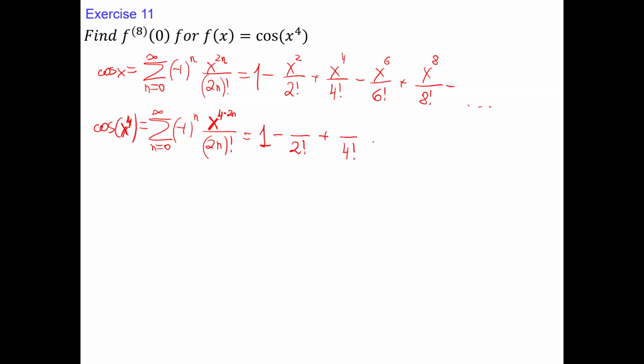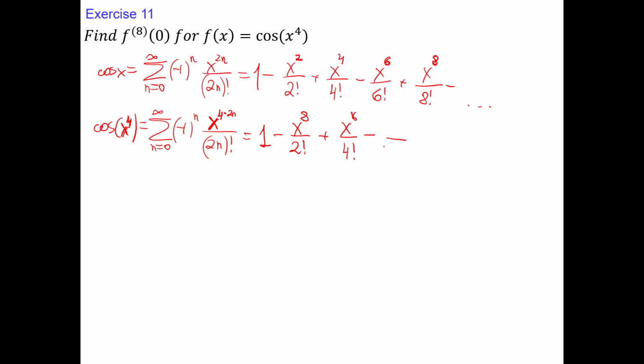If n is 1, this will be 2 factorial, and the power is 2 times 1 is 2, times 4 is 8. Basically, we're multiplying each of the original powers by 4. If n is 2, this is 4 factorial, and 4 times 4 is 16.